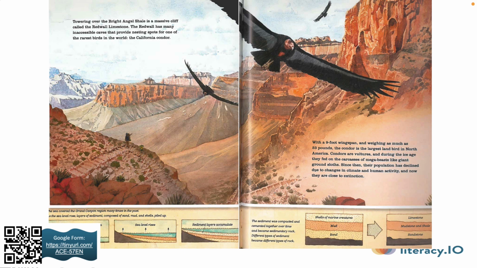Condors are vultures, and during the Ice Age they fed on the carcasses of megabeasts like giant ground sloths. Since then, their population has declined due to changes in climate and human activity, and now they are close to extinction.